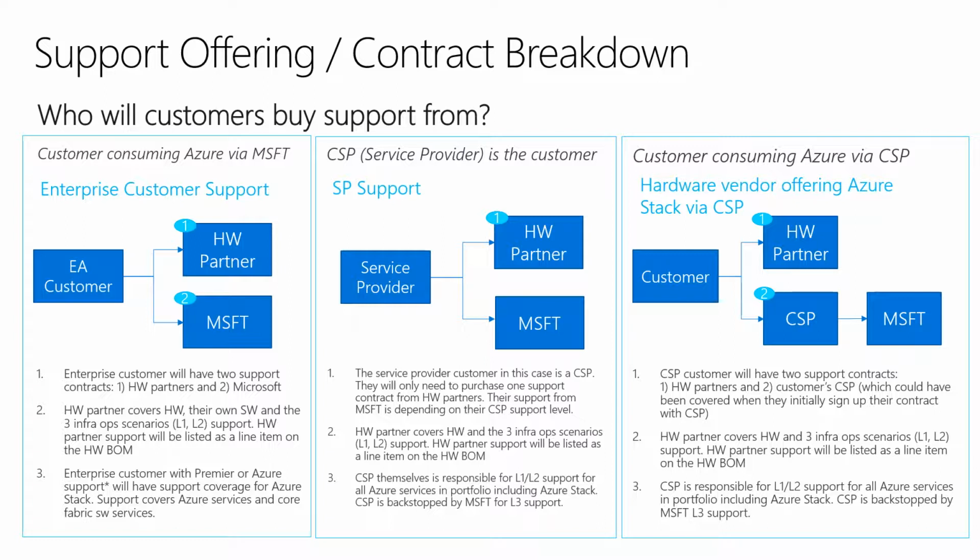The hardware partner covers the hardware and their own software, for example the hardware lifecycle host you learned about in an earlier module. And the contract with Microsoft is responsible for the Azure services and for the software part of the solution.